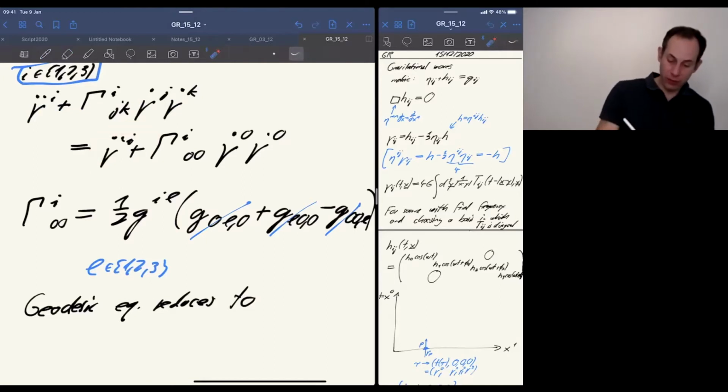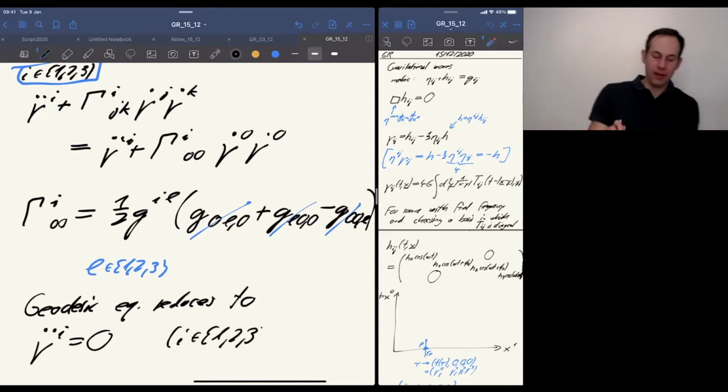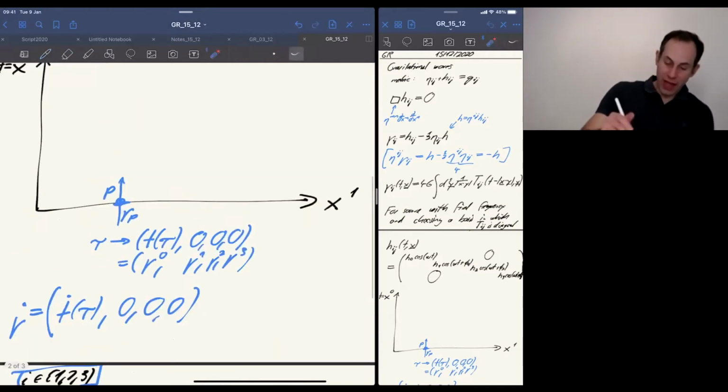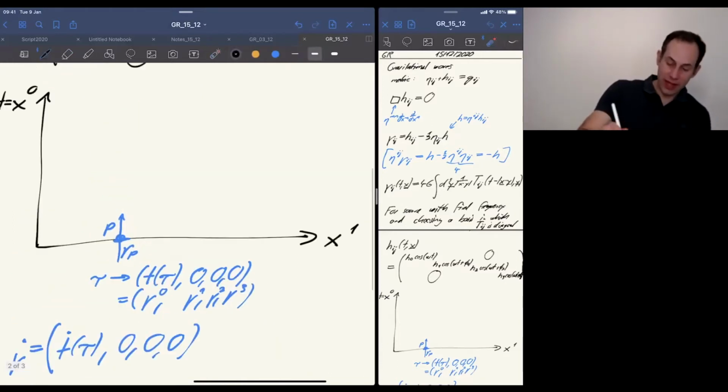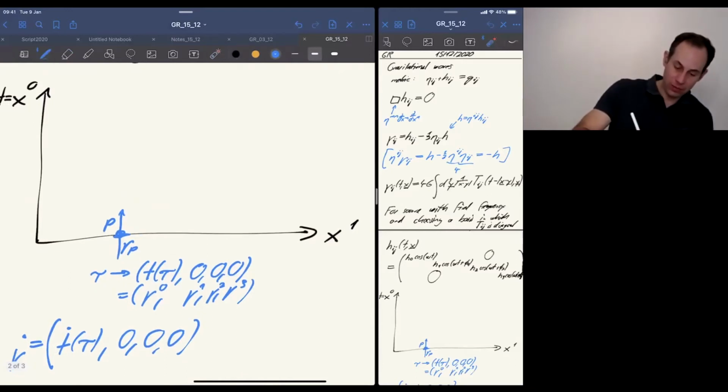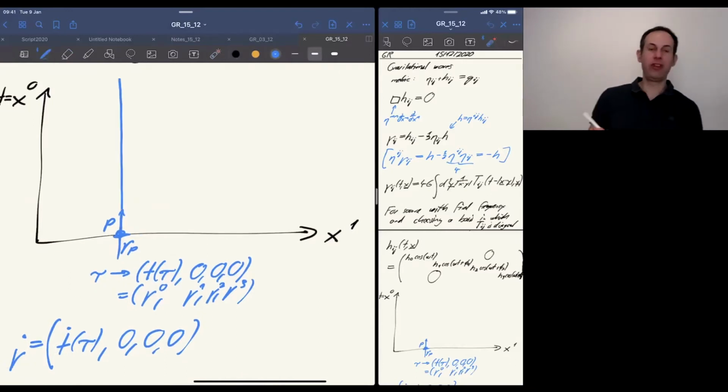And therefore the geodesic equation is just gamma dot dot I equal to 0 for I equal to 1, 2, or 3. Okay, what does this mean? This means that indeed such lines here, coordinate lines, let me now complete it, are actually geodesics.